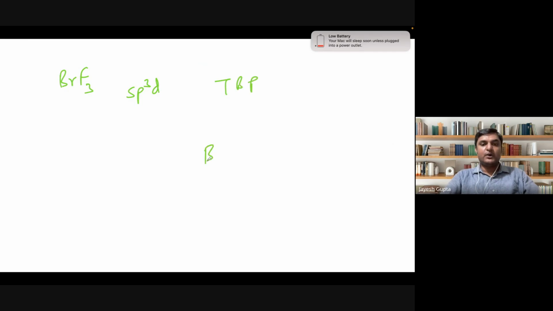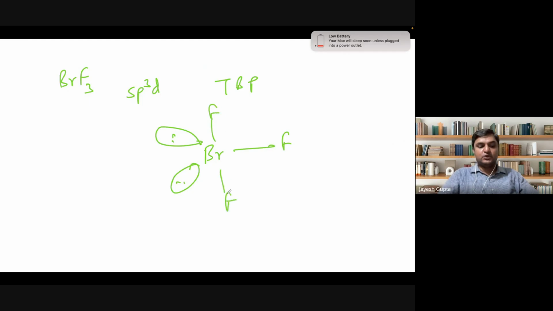But here, when you draw its structure, bromine will have three fluorine and two lone pairs. Lone pairs will always go to the equatorial position because that has high percentage s character. So the lone pairs will be given in equatorial, and the one equatorial position left will go with fluorine. Here also fluorine, here also fluorine. So it will look like this.